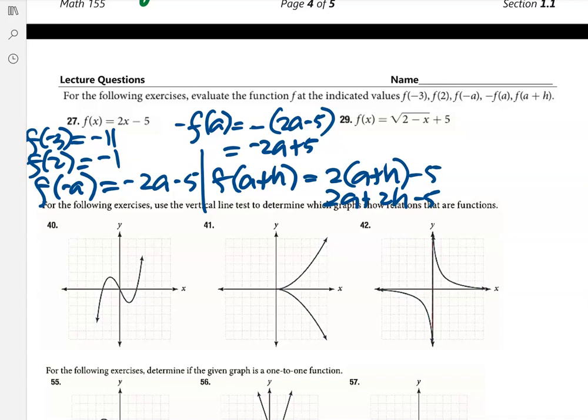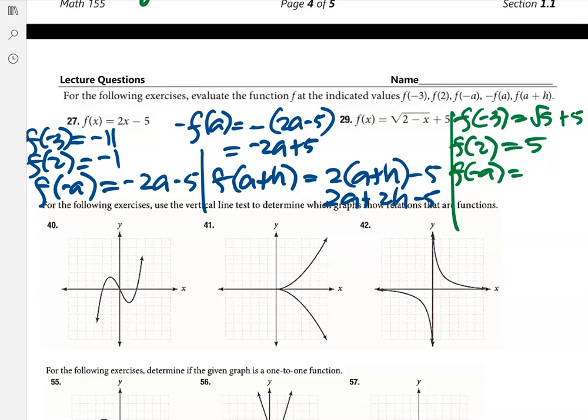29, if you plug in -3, 2 minus -3 is 5, so that is square root of 5 plus 5. Next, f of 2, 2 minus 2 is 0, so 0 plus 5 is just 5. Then f of -a, that is square root of 2 minus -a, which is 2 plus a, then plus 5.